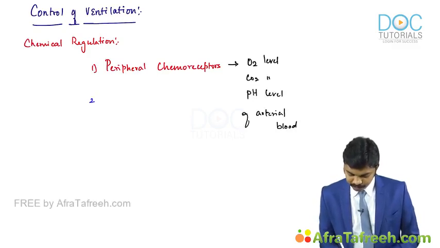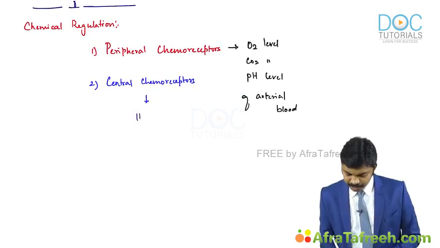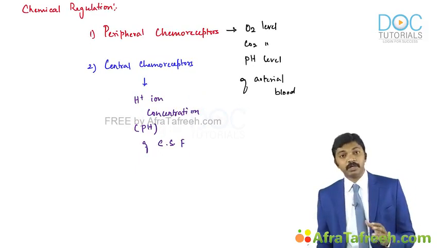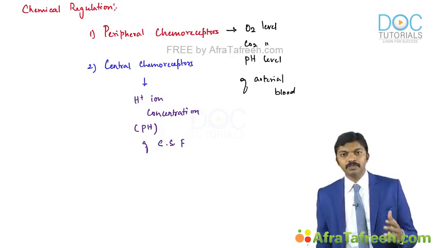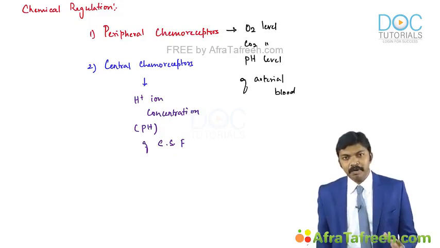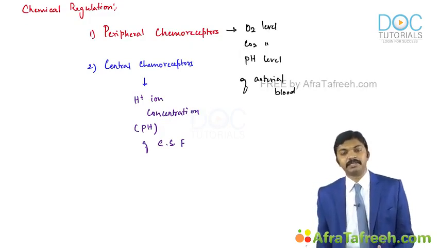And we have central chemoreceptors, which sense hydrogen ion concentration, in other words, sense the pH of cerebrospinal fluid. As central chemoreceptors are located in the medulla oblongata and those regions are well covered by the blood-brain barrier, chemical changes in blood are not able to influence activities in central chemoreceptors.